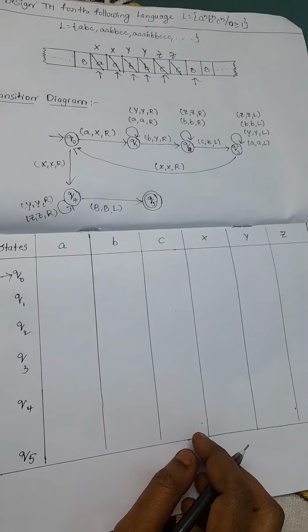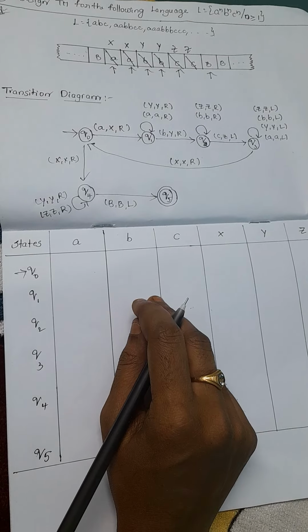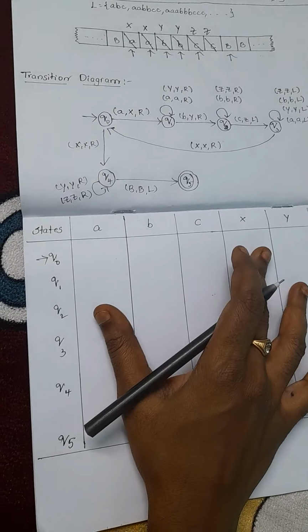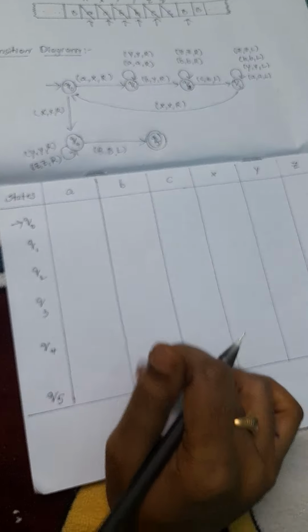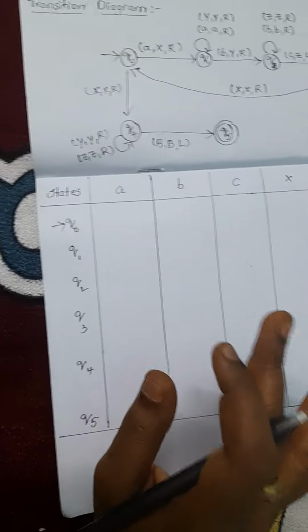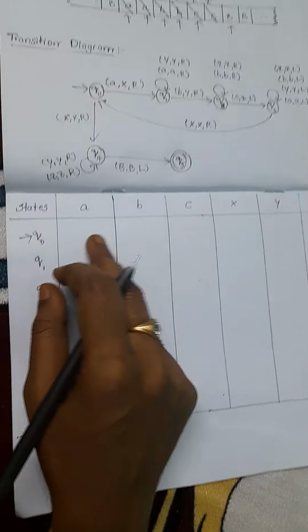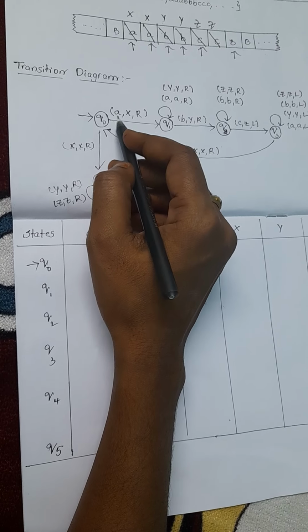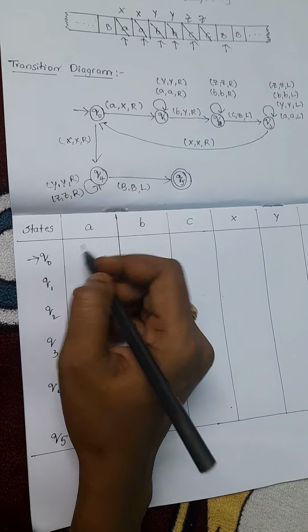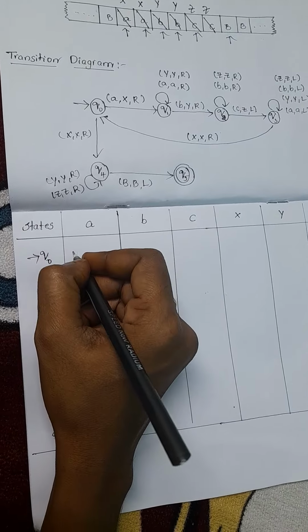If they have given only two symbols, meaning a power n and b power n, then the states will be fewer for this problem. Only up to Q4 states we will have, one state less. Now if you have seen here, from Q0 state, A is changing to X. This is the symbol we need to consider.